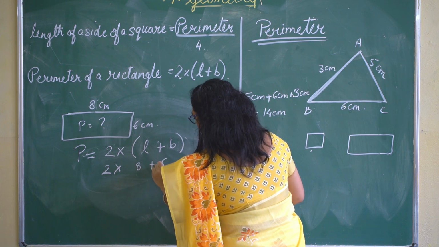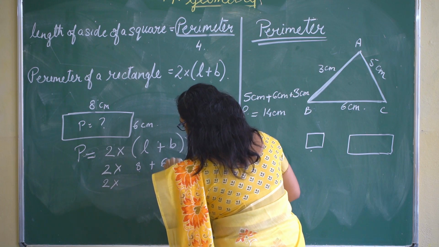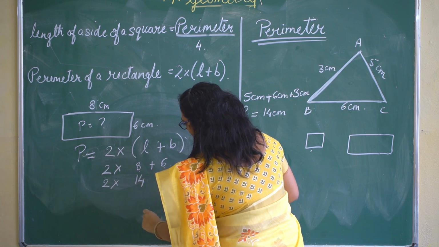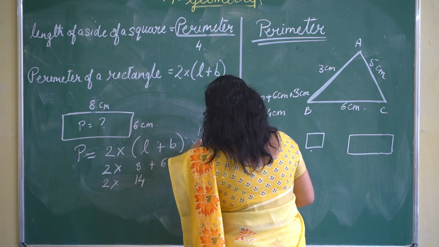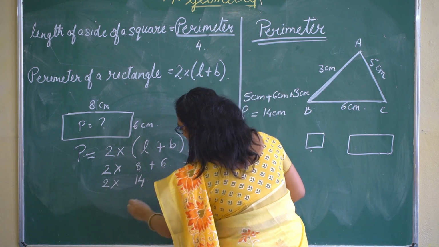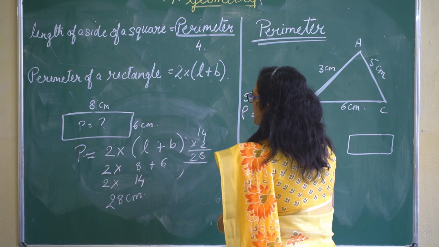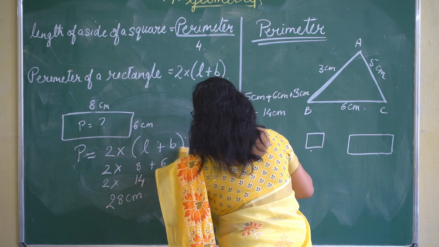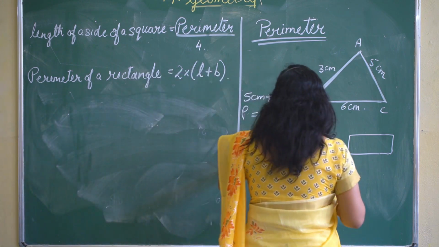What is breadth? 6. You have to add these both numbers. 8 plus 6 is 14. You have to multiply by 2. So 14 multiplied by 2. 2 4s are 8. 2 1s are 2. So 28 centimeter. In this way, you can find the perimeter of a rectangle. Now we will do some exercise questions.